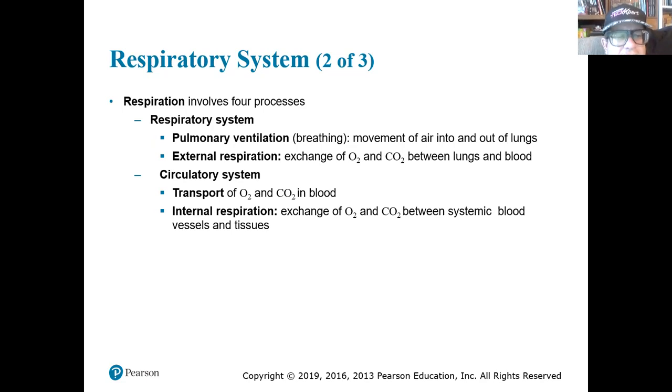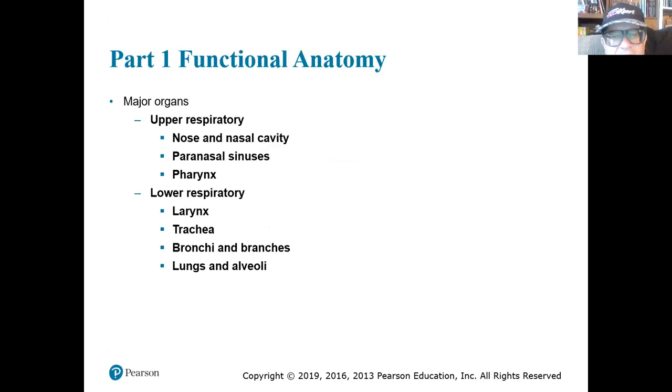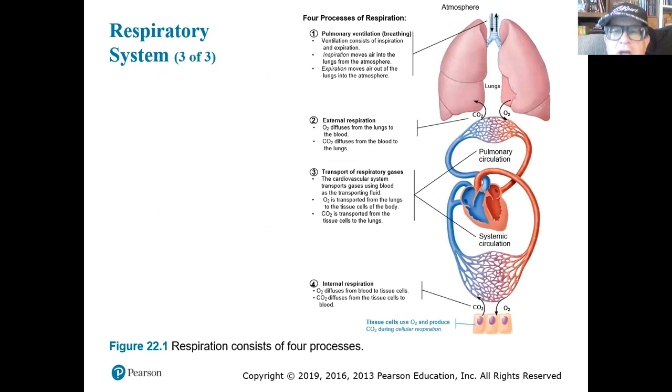Then the circulatory system does transport, and internal respiration, where you are exchanging gases between the tissues and the blood. So we've got that. That's straightforward: ventilation, external respiration, transport, internal respiration. And if they wanted to continue again, they would then have another transport, and then another external respiration.